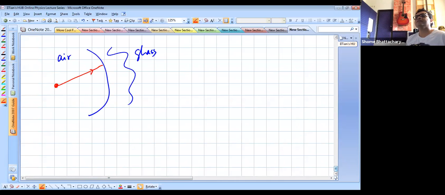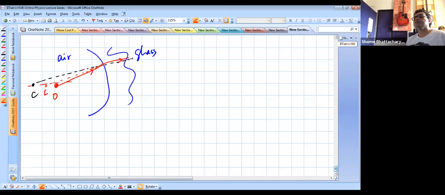So here a ray of light incident like this, suppose, and suppose the center of curvature is somewhere here. This is your normal. So this will tend to bend towards the normal. So something like this will happen now. When you produce this back, it will give you an image somewhere here.